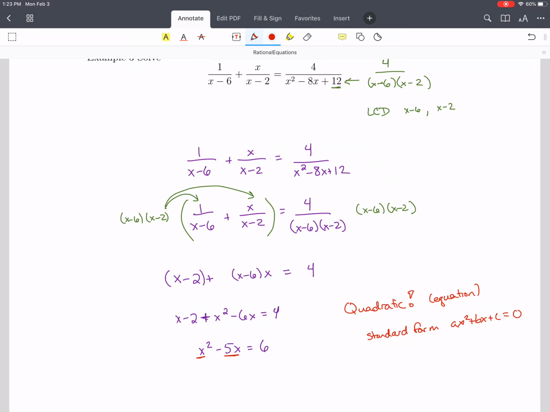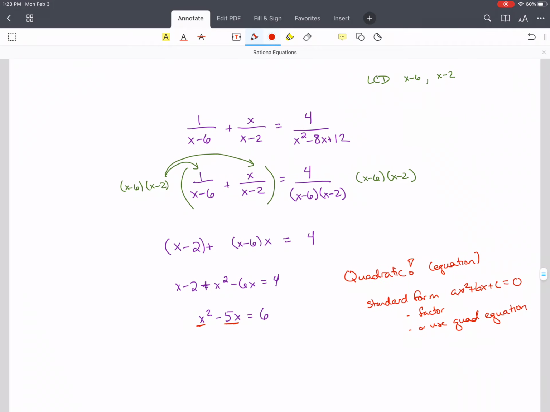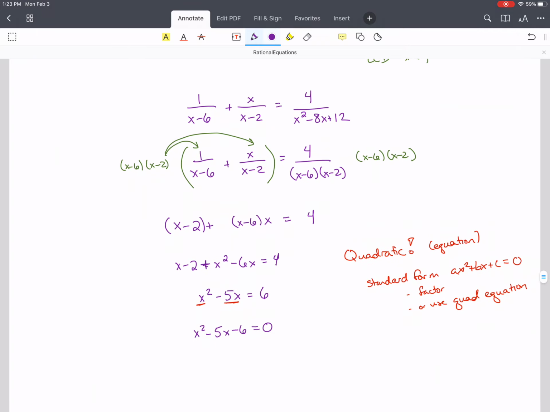And I can then either factor or I can use the quadratic equation. In general, I try to factor it first because it'll be easier if I can factor to finish solving. Quadratic equation is a little bit long and tedious. But if I can't factor it, then I can always use the quadratic equation to solve this. So I'm going to rewrite this in standard form, and I'm going to try to factor.